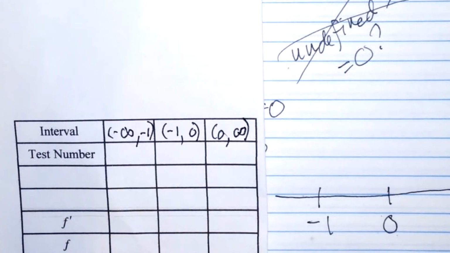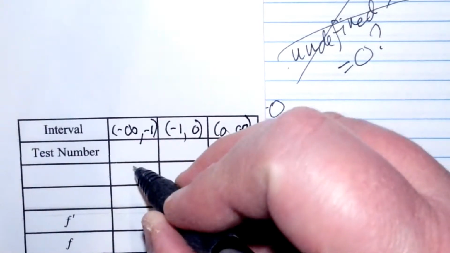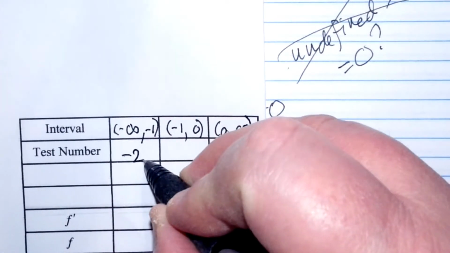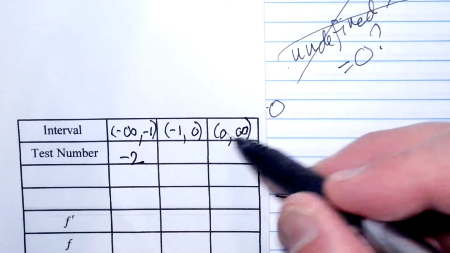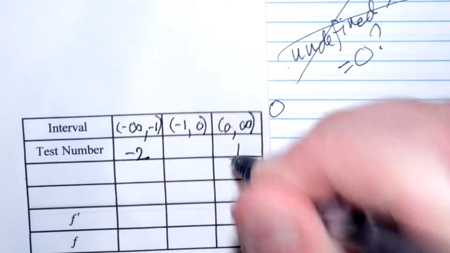And if you can, choose a number that's going to be easy to work with. Usually integers are better than some numbers, but not always. So I think I'm going to choose negative 2 for this interval. That's a representative test number for that interval. And then for this interval from 0 to infinity, I think I'll pick positive 1.